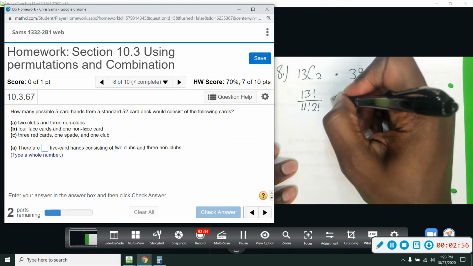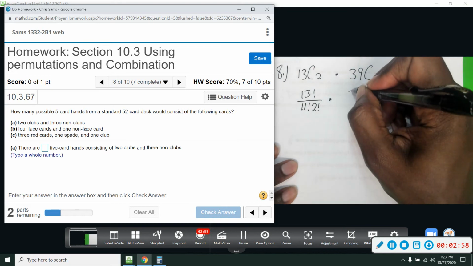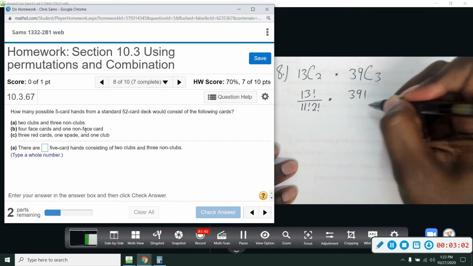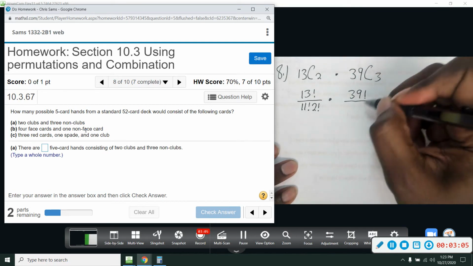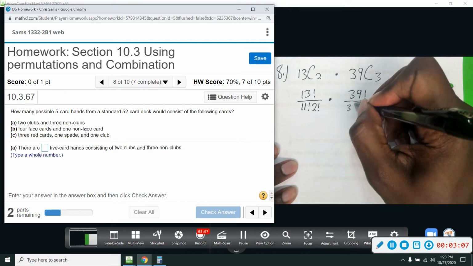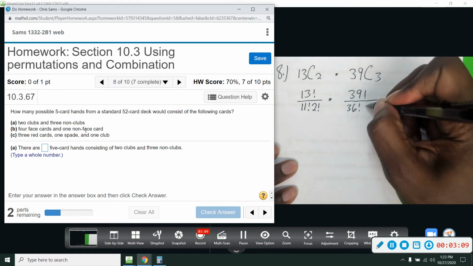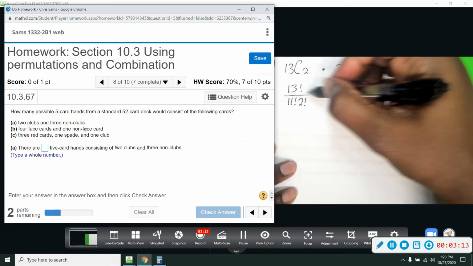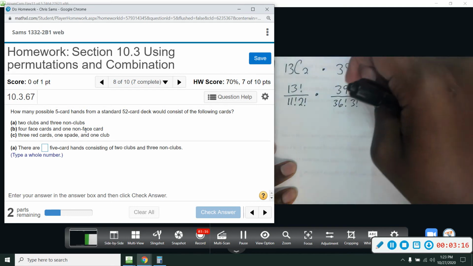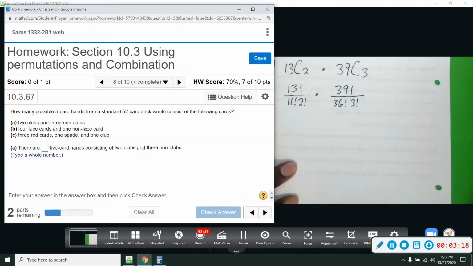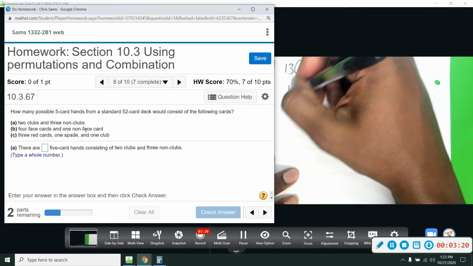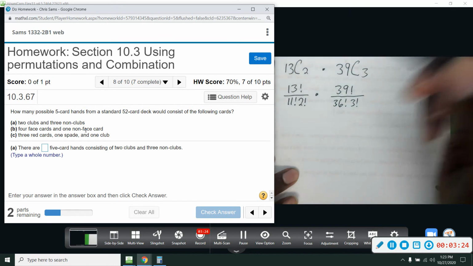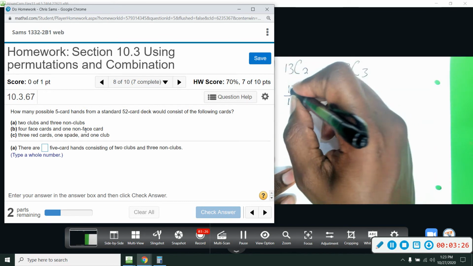And it's going to be times 39 factorial over 39 minus 3, which is 36 factorial, times 3 factorial. And since this is being multiplied, I can reduce across, diagonal, or whatever I want to do. I'm sorry, it has to be top to bottom, or top to bottom diagonally, not side to side. Okay, so let me be careful with that. All right, so we're going to spell this out.